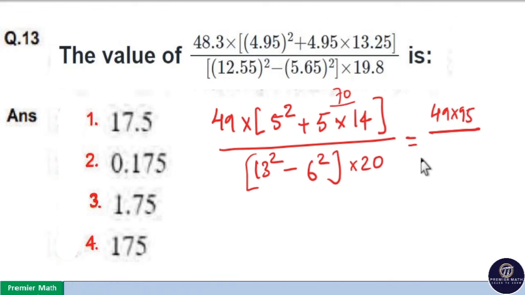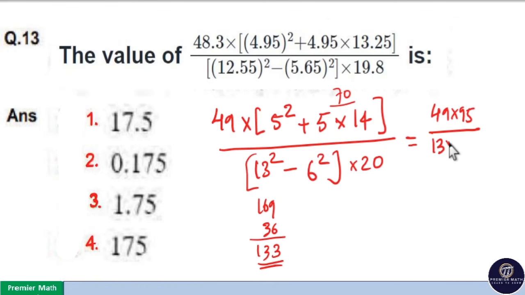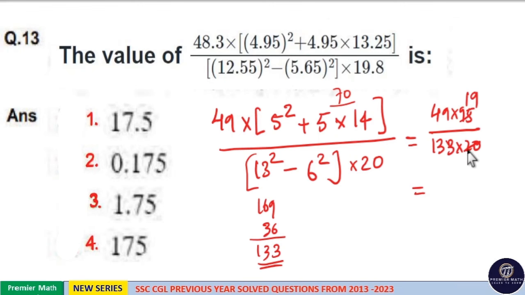95 divided by, here 13 square is equal to 169. 6 square is equal to 36. So, 169 minus 36 is equal to 133. So, 133 into 20 in the denominator. Now, 5 goes 19 times in 95. 5 goes 4 times in 20.